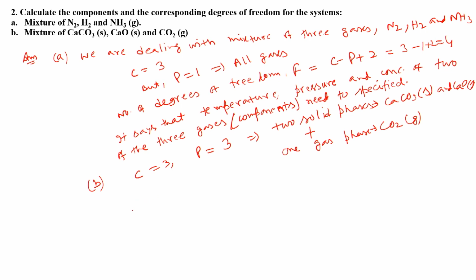So F is C minus P plus 2, so 3 minus 3 plus 2 gives you 2. Meaning it says that temperature and pressure need to be specified.